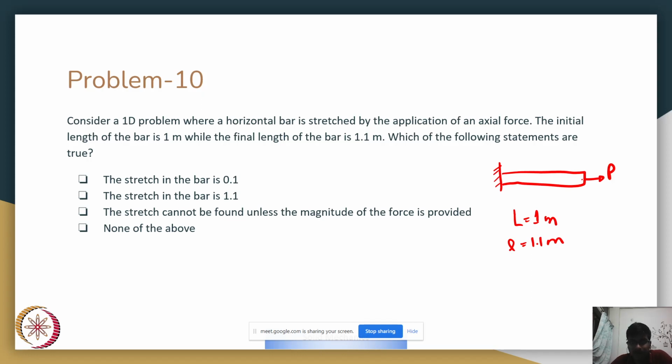Can we find this out? Option B. Stretch of the bar is 1.1. Correct. Stretch of the bar would be final length upon initial length, which is nothing but small l by capital L, which is 1.1.